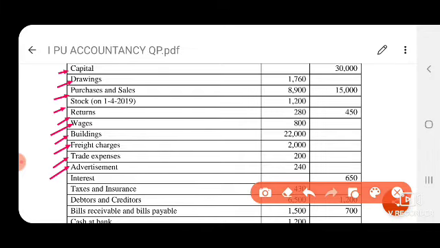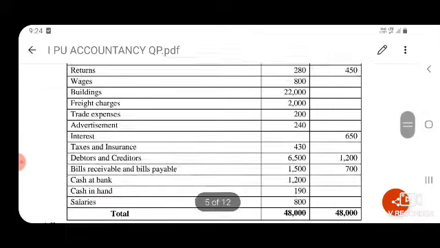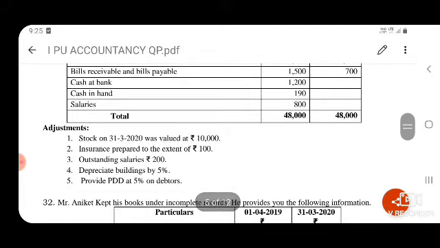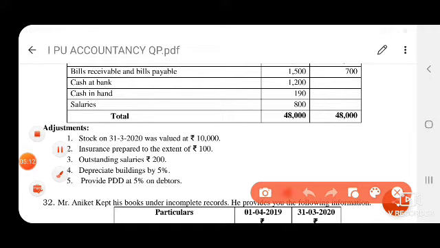Advertisement PL account. Interest PL account. Taxes and insurance PL account. Debtors and creditors balance sheet. Bills receivable balance sheet. Cash in hand, cash at bank balance sheet.